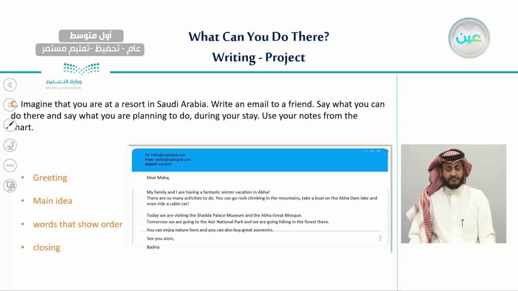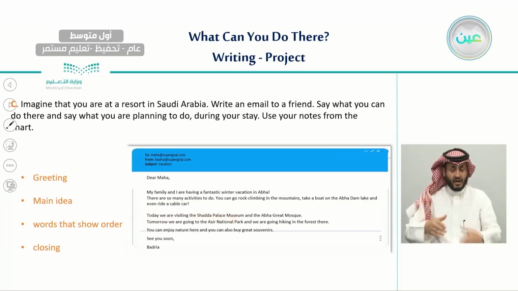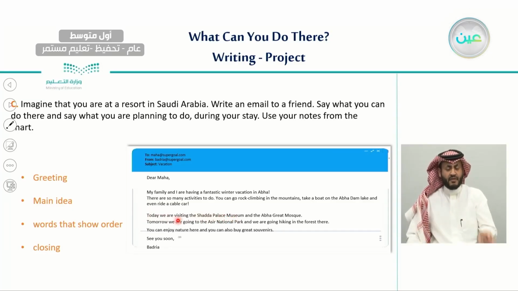You can write about the things that you are planning to do today. For example, today we are visiting the Shada Palace Museum and the Abha Great Mosque. And for tomorrow, we are going to the Asir National Park and we're going hiking in the forest there.